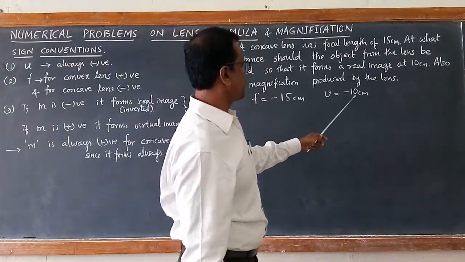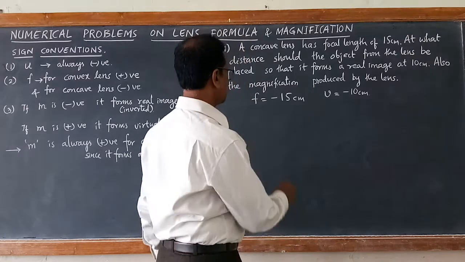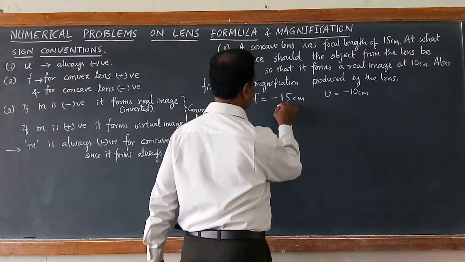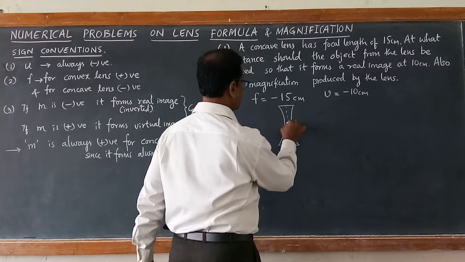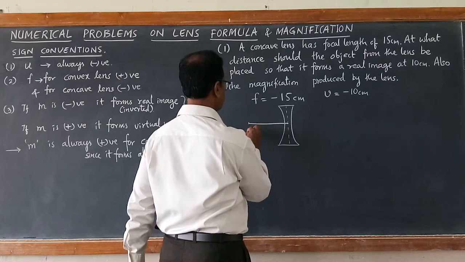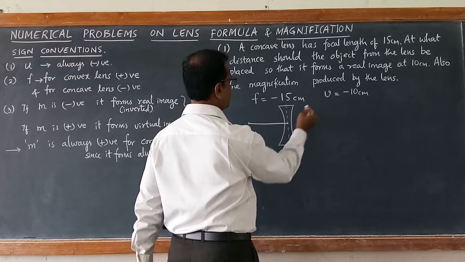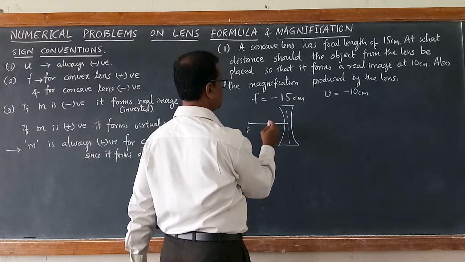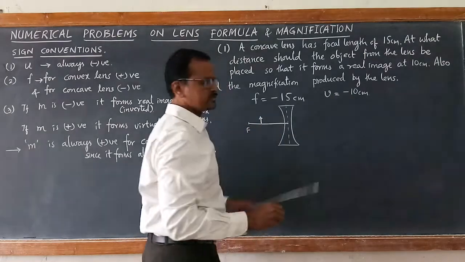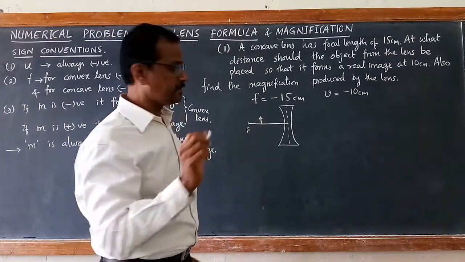So the image is found at minus 10 centimeter. If you draw a rough diagram, this is a concave lens with a focal length of about 15 centimeter. This is F, and we don't know the position of the object. The image is formed at 10 centimeter, so you can draw the image. The image formed by a concave lens is always erect. Remember this.